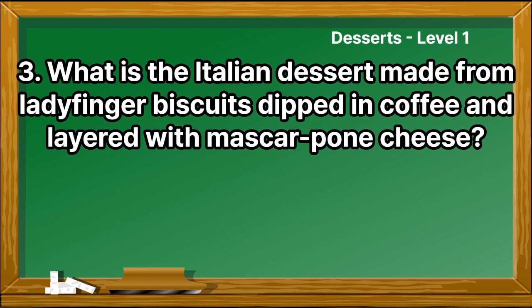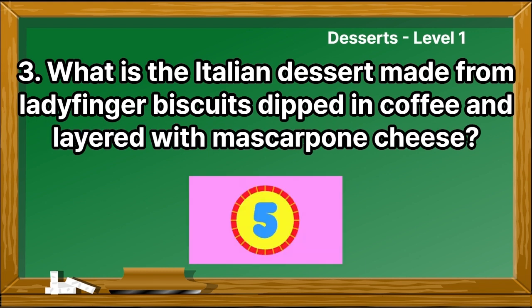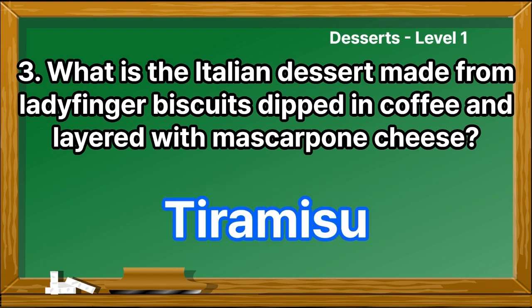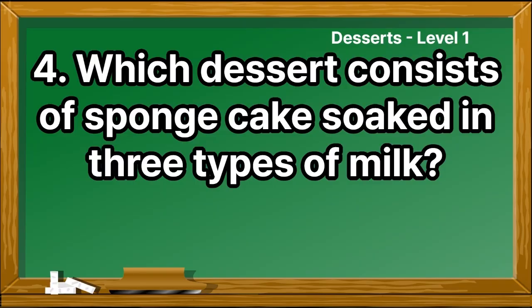What is the Italian dessert made from ladyfinger biscuits dipped in coffee and layered with mascarpone cheese? Tiramisu. Which dessert consists of sponge cake soaked in 3 types of milk?